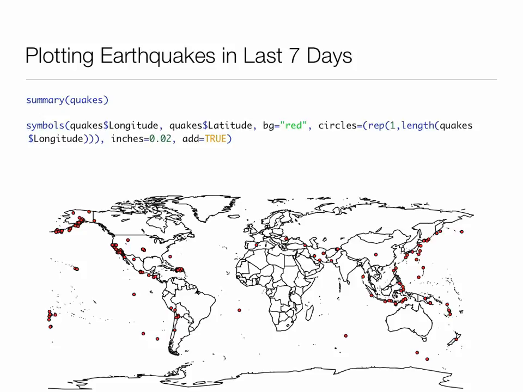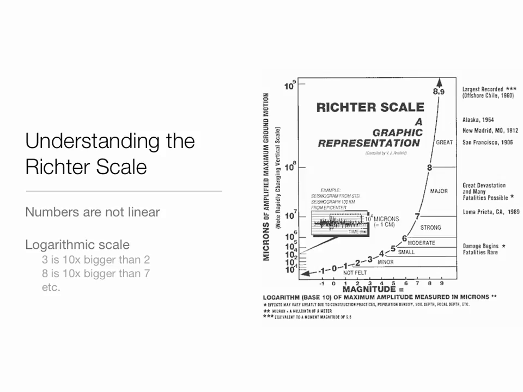Now, to understand that, you have to understand how the Richter scale works. All right, it's a logarithmic scale, and that's why when people talk about a magnitude 5 earthquake versus a magnitude 6 versus a magnitude 7 or 8, these get very abruptly big very quickly, right?